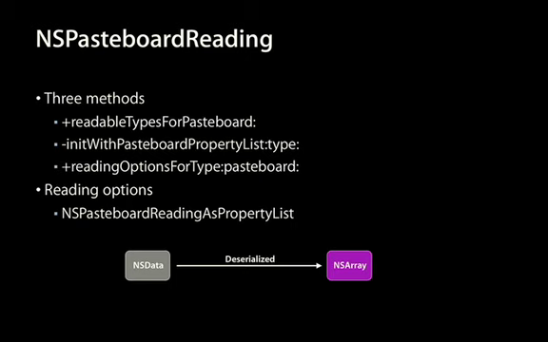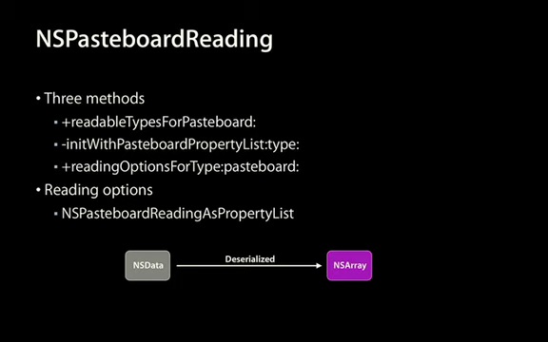And there's one more reading option in Snow Leopard, because it's fairly common in custom model objects to implement NSCoding, so you can archive those objects. And when folks do this, very often they'll also use that keyed archive of their object as the pasteboard type.